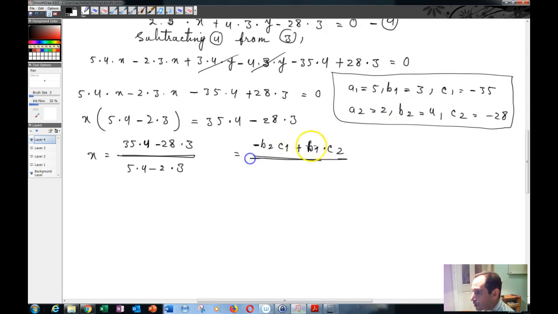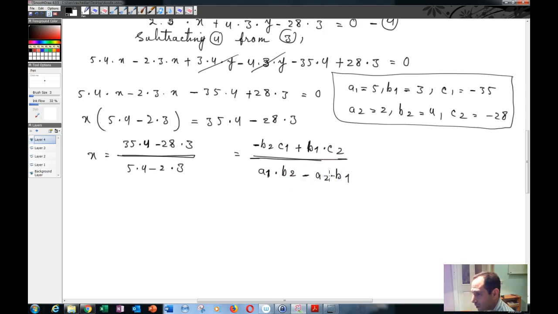And then in the denominator I have 5 times 4, which is equal to a1 times b2, minus a2 times b1, which is 2 times 3.